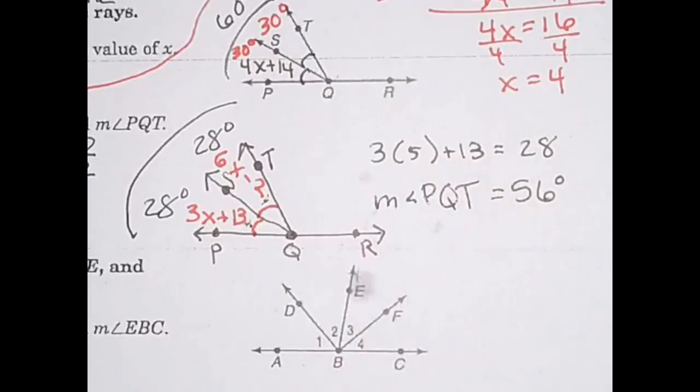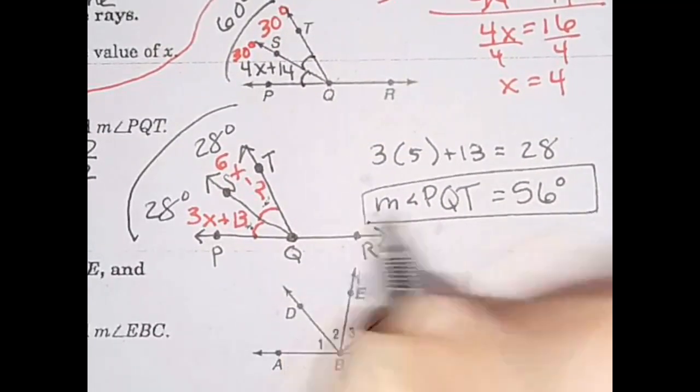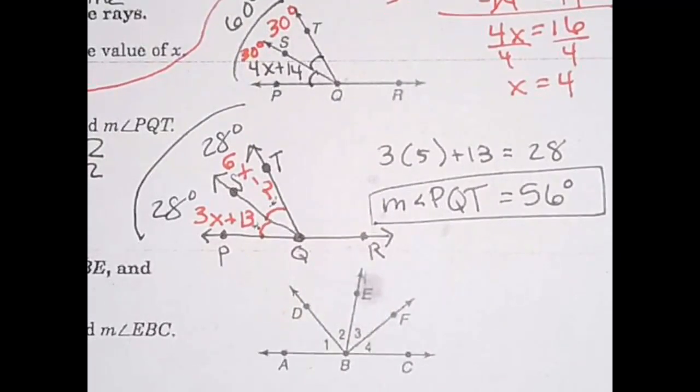This next one's all going off the same image. So it says ray BA and ray BC are opposite rays. Really, that's just saying ABC is a straight line here. All those points create a straight line. I'm going to zoom in on my picture.